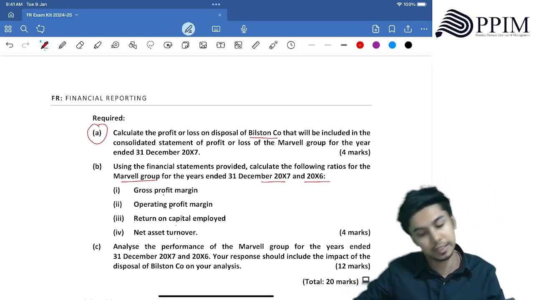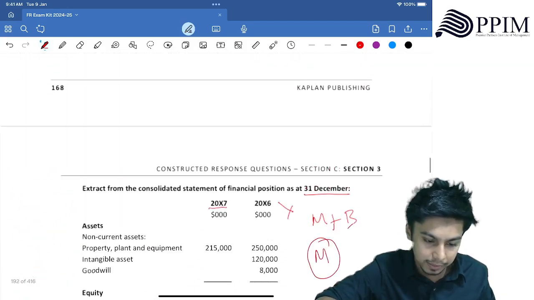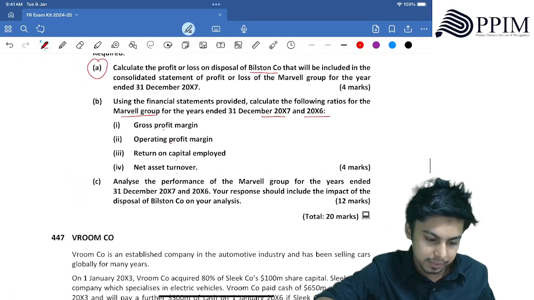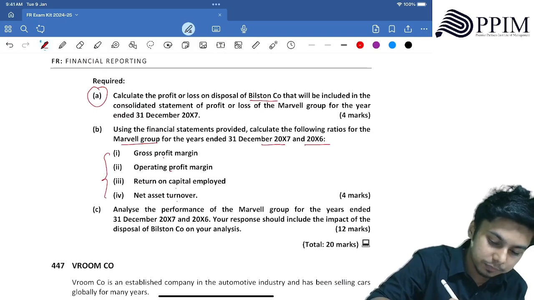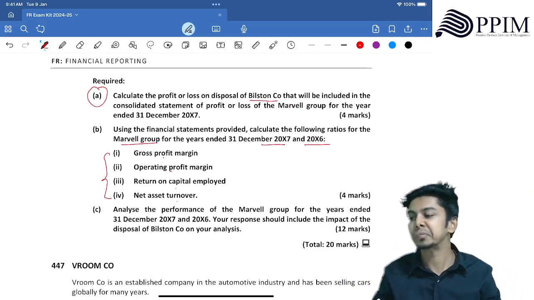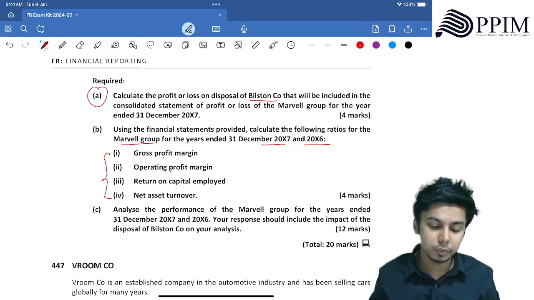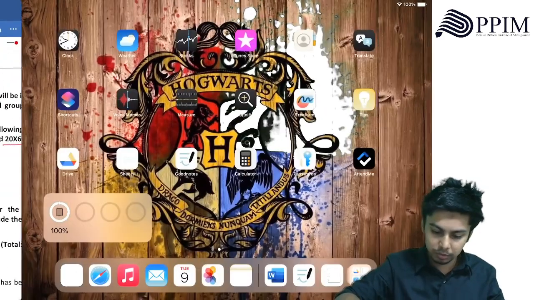Let's start calculating together. I'll give you the data. They're asking for 4 ratios, so can you quickly set up the 4 ratios? They're asking for both 2007 and 2006, so let me draw the table.